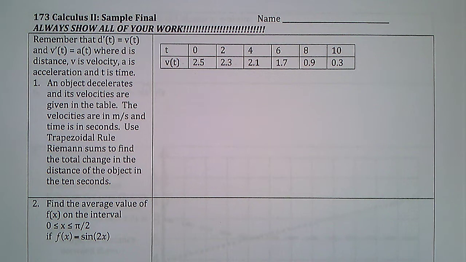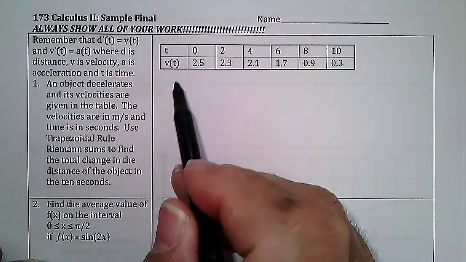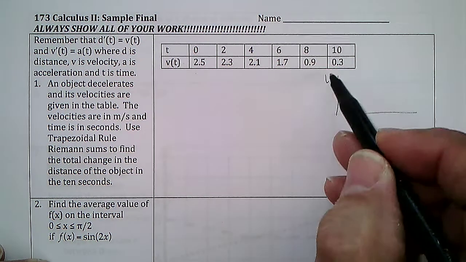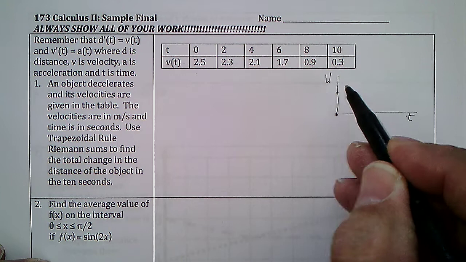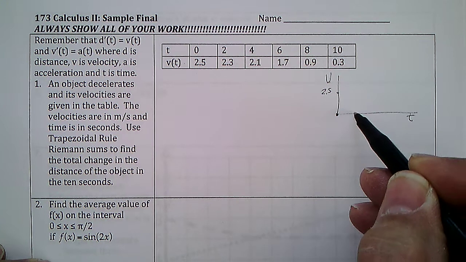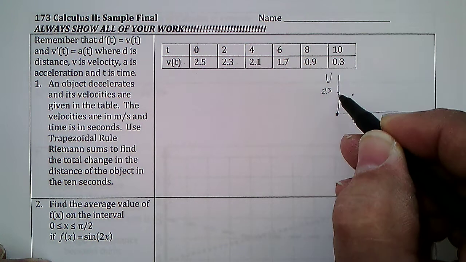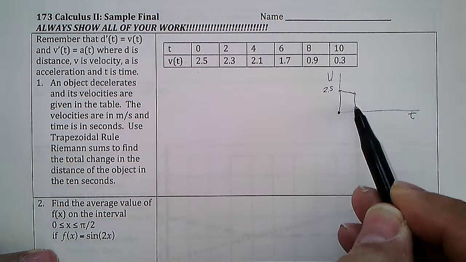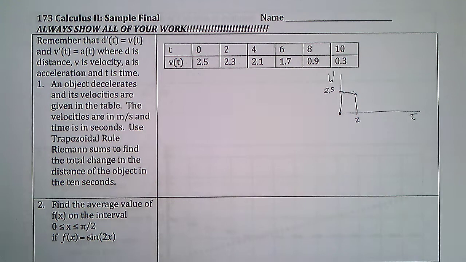Now, we spent a lot of time doing left and right, and I might make the actual test have the left or right ones. But for the trapezoidal rule, just a quick note here: if this is the velocity time graph, and at 0 seconds it's at 2.5, and at 2 seconds it's 2.3, the trapezoidal rule would say find the average height times the width to find the area in that section.